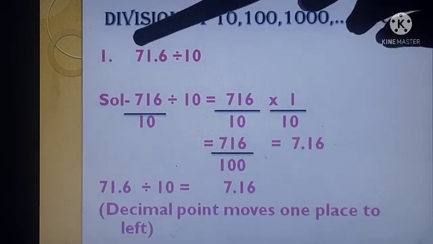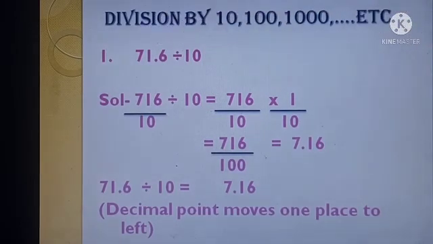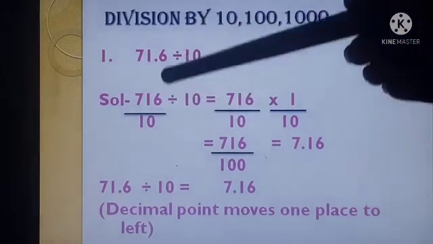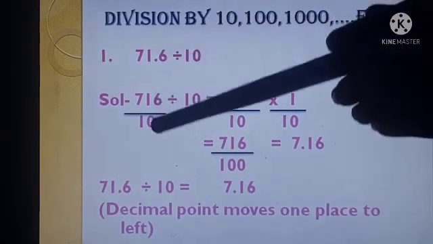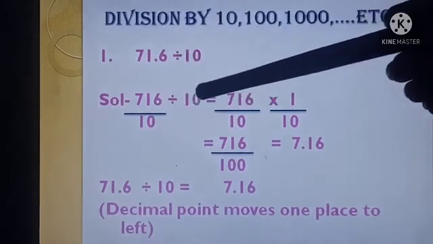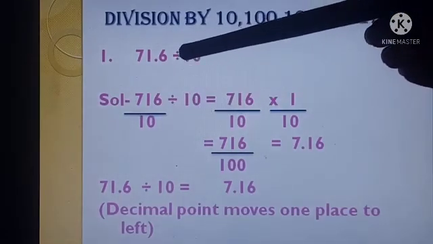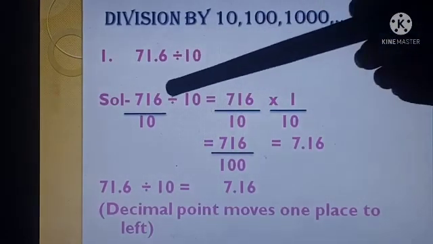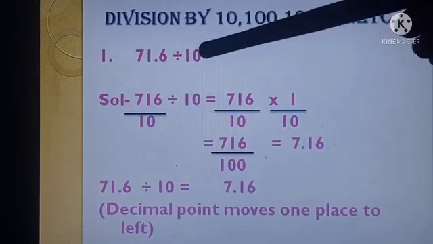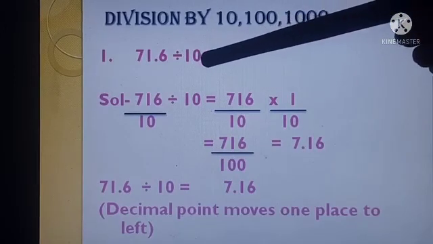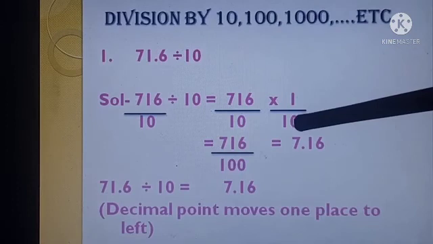So the first question, 71.6 divided by 10. First of all, in the form of fraction, how can we change it? 716 upon 10 divided by 10. When division is replaced with multiplication, we have to take the reciprocal. The reciprocal of 10 is 1 upon 10.